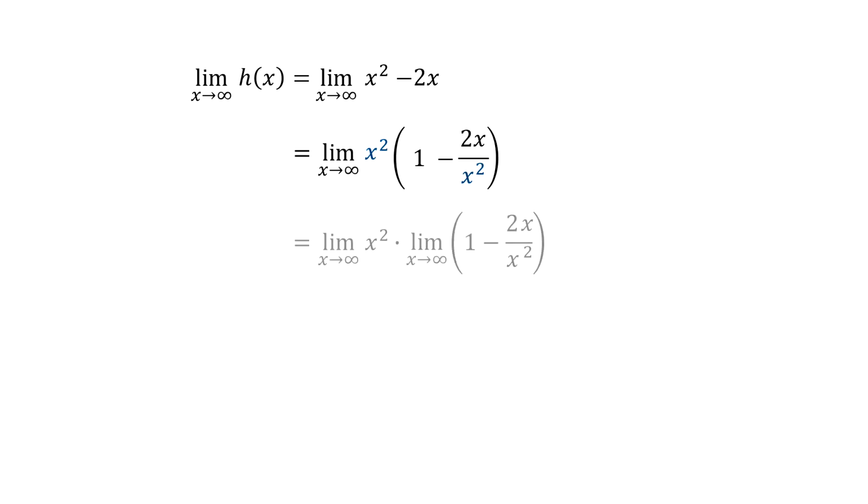The limit of a product is the product of the limits of each factor. x cancels with the square. When you apply the limit, you get the inverse of infinity, which, as you saw earlier, approaches 0. Since the limit of the first factor is infinity, and multiplying infinity by a number still gives infinity, this confirms the result of h of x.